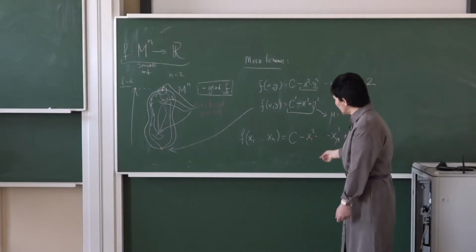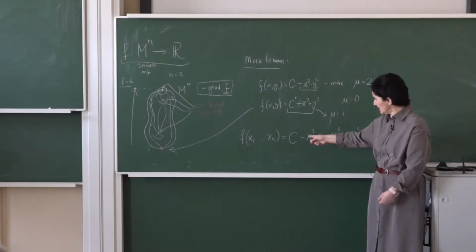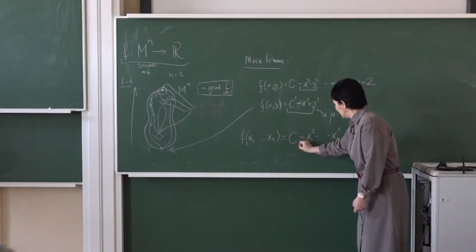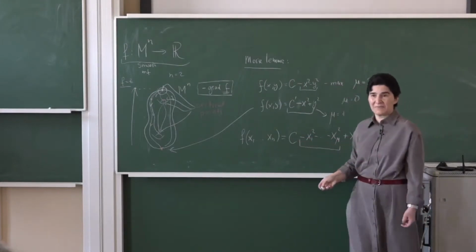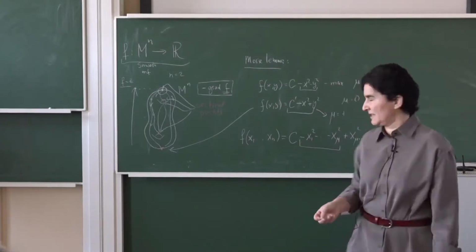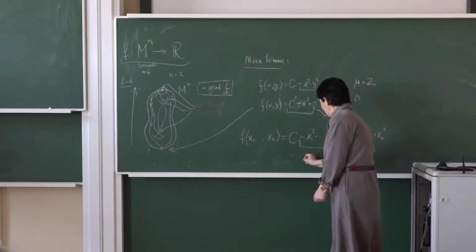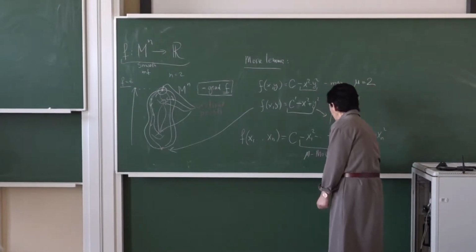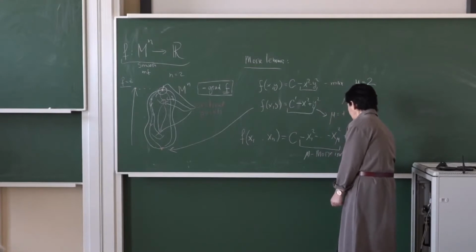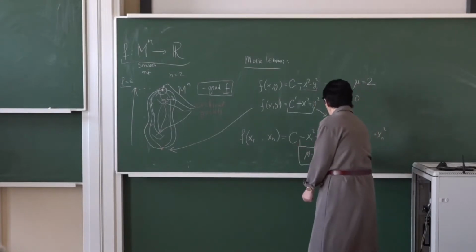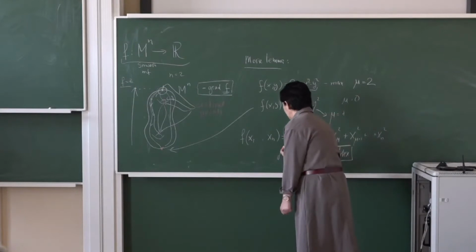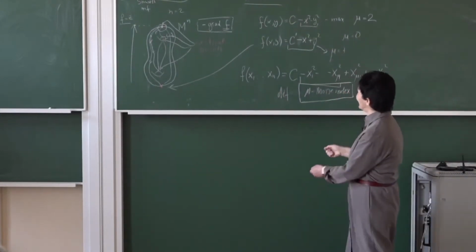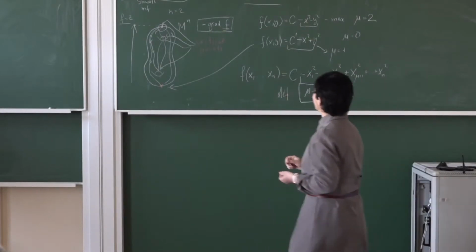The only difference is the number of negative signs, and this is an invariant. It does not depend on the choice of the coordinate system. This mu is called the Morse number, the Morse index. This is the definition. Okay, I think that's all about Morse theory so far.